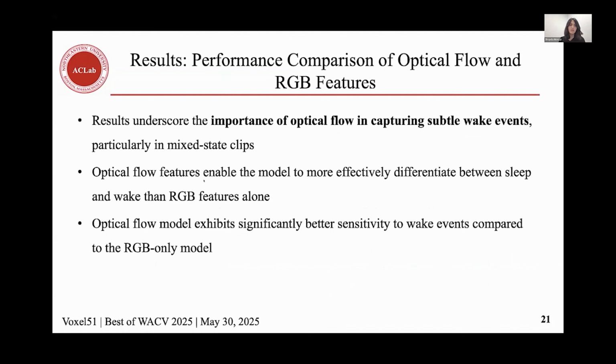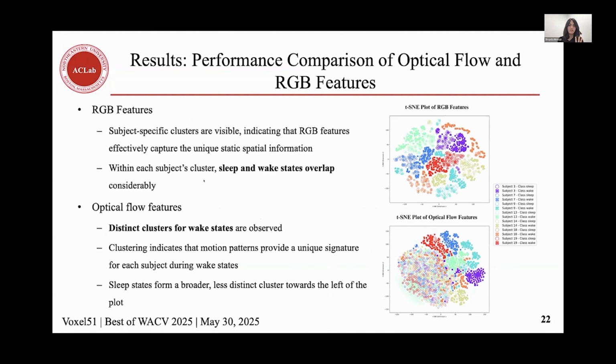And this is captured when we did a t-SNE plot of the RGB features and the optical flow features. You can notice in the top, and maybe it's hard to see, but the open circle represents the sleep class and the closed X represents the wake class. And the different colors are the 7 different validation subjects that we had.